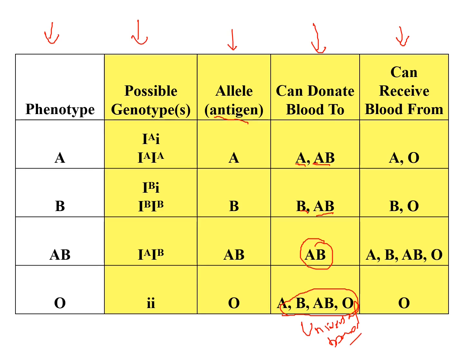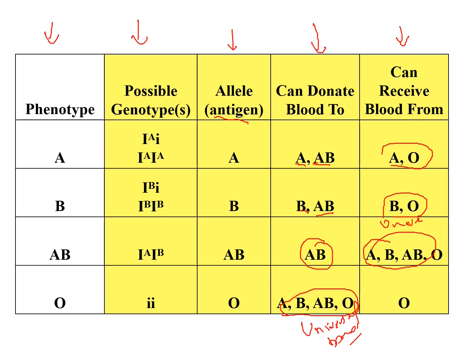And I might ask this question in the test, or I might ask which blood type receives blood from everybody. A can receive from A and O, B can receive from B and O, and AB can receive from everybody.